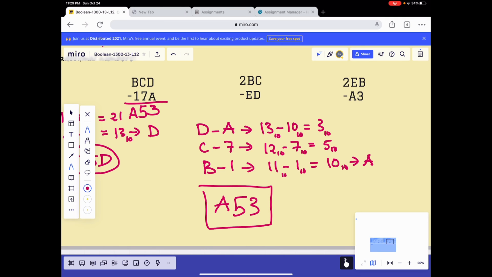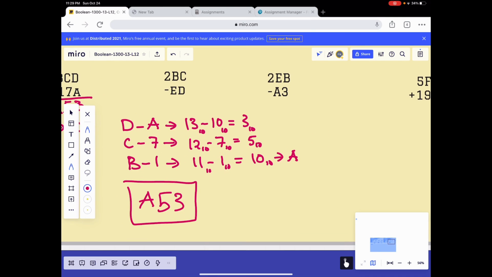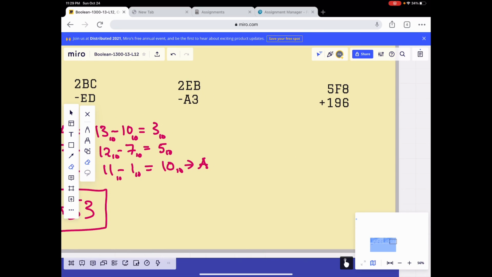Okay, let's do the next number. 2EB minus A3. So B minus 3, B is 11 minus 3 equals 8.